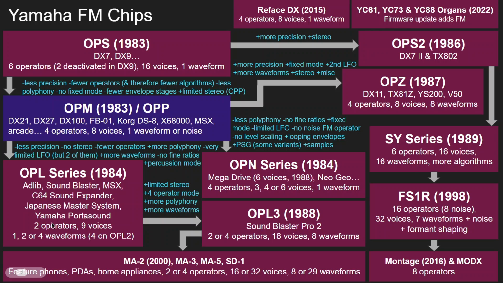Some of the envelope parameters you only get like 4 bits. No stereo. Even fewer operators. It's only 2 operators, 1 single carrier, 1 single modulator. Or you can just have 2 carriers, but that's just 2 sine waves. More polyphony, slightly. So you get 9 voices instead of 8.